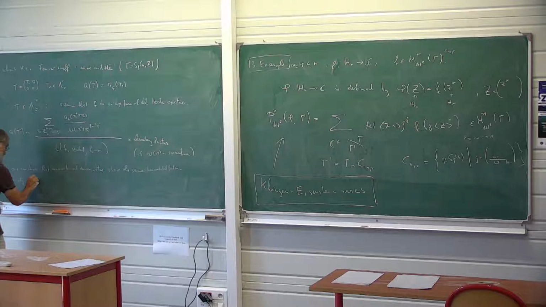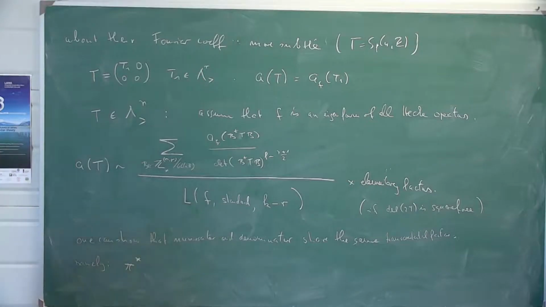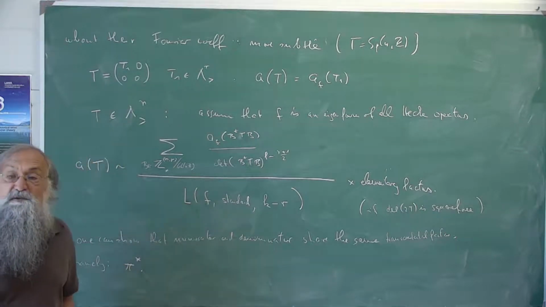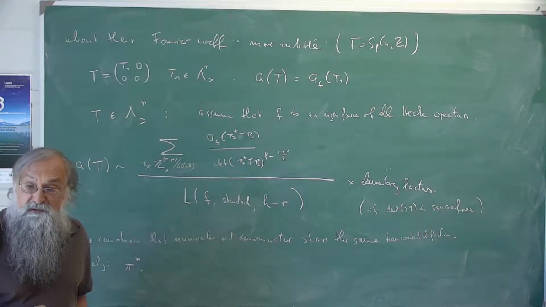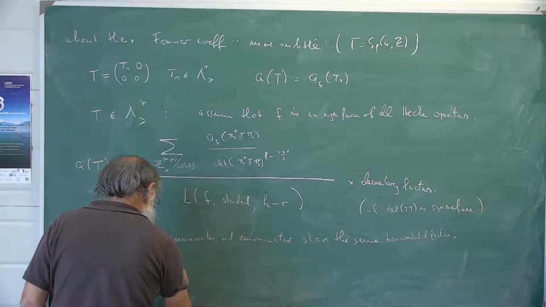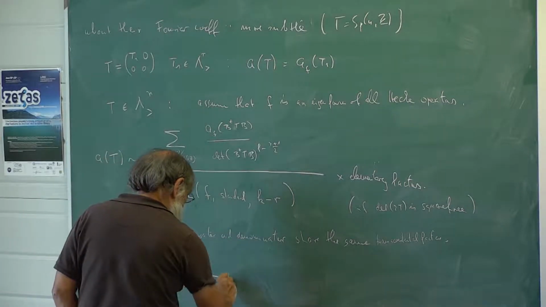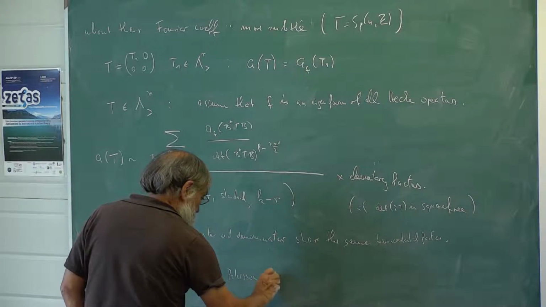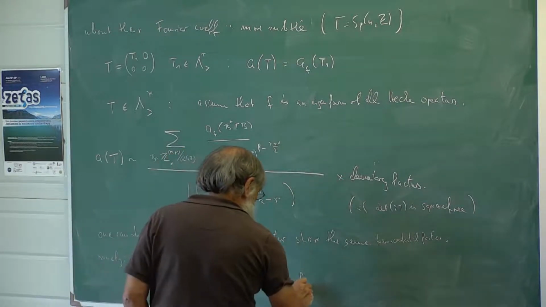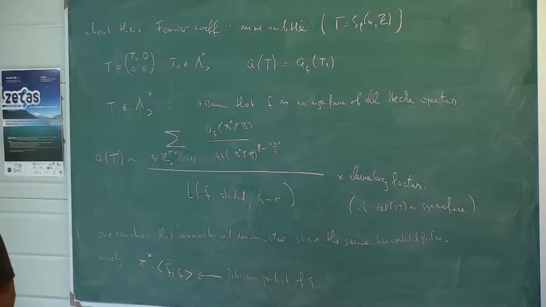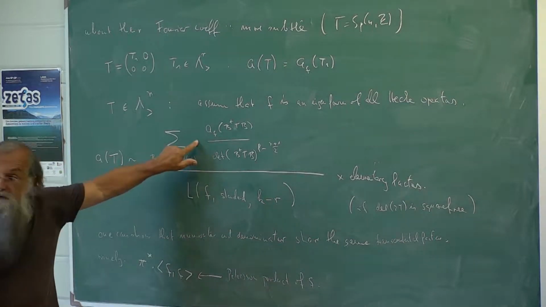It is some power of pi, which doesn't matter, it's the same power of pi, times something which we have not introduced yet, namely the Petersson product of F. The denominator doesn't depend on T, only the numerator depends.